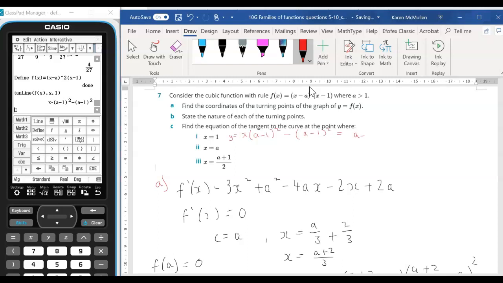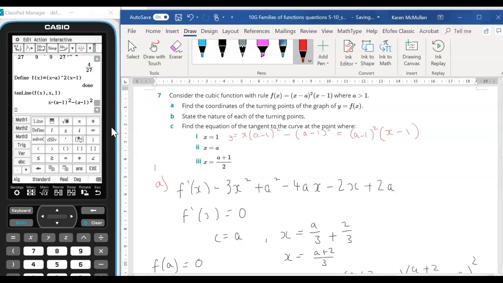So a minus 1 squared, oops, didn't mean to put that bracket there, times x minus 1. That's another way of writing that.